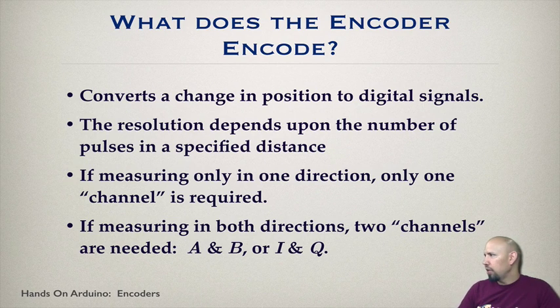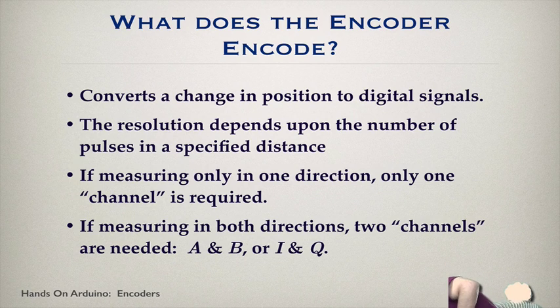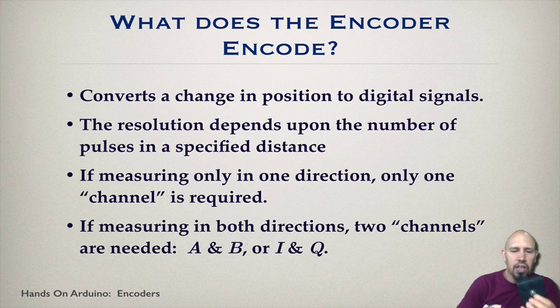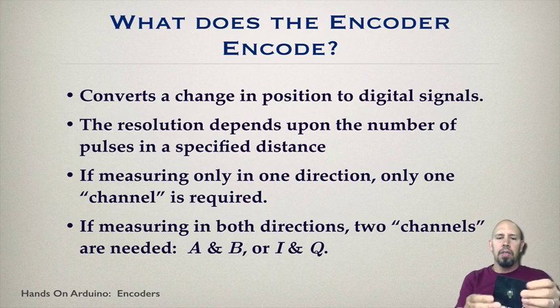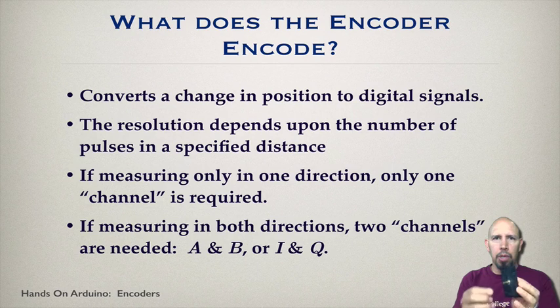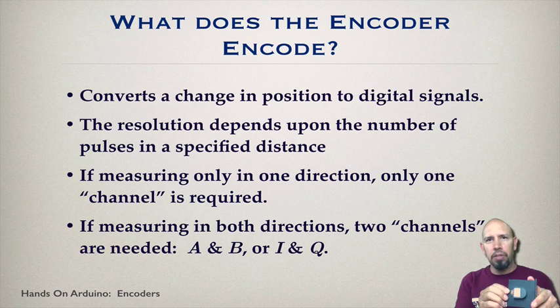For example, this motor has an encoder with 44 pulses per revolution. That is, each time it goes around, it pulses 44 times. This encoder is from a high precision motion control device, and this particular one has 1,000 pulses per revolution.